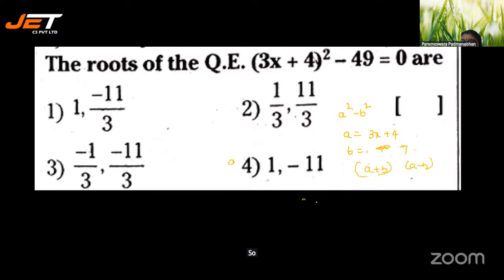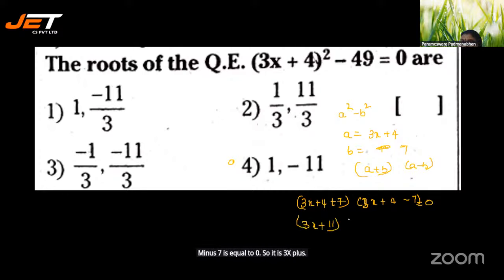So (3x plus 4 plus 7) into (3x plus 4 minus 7) is equal to 0. So it is (3x plus 11)(3x minus 3).